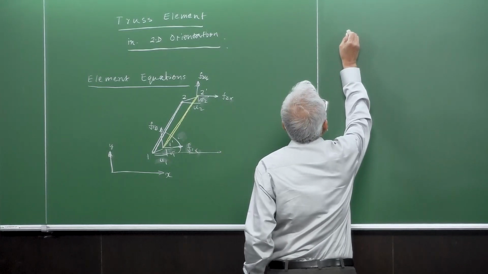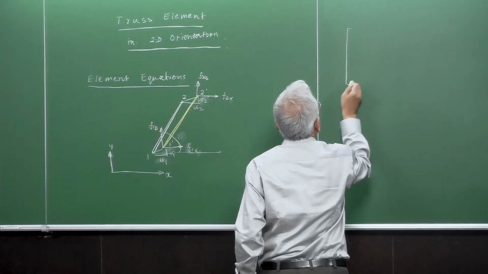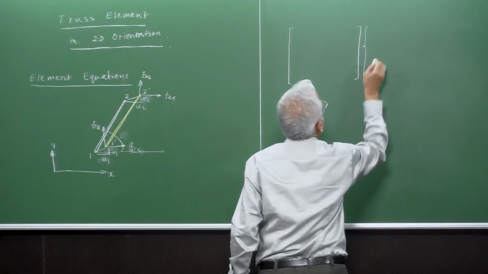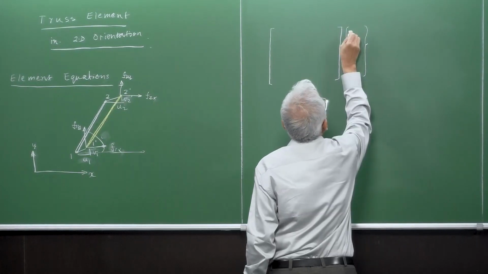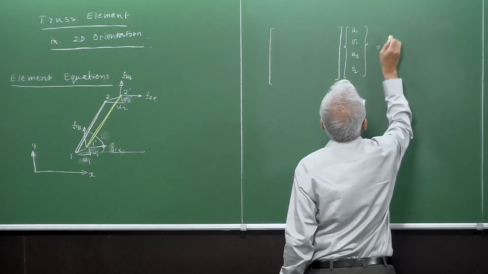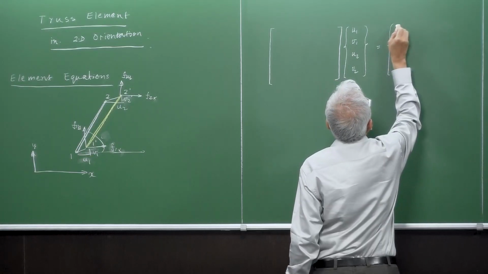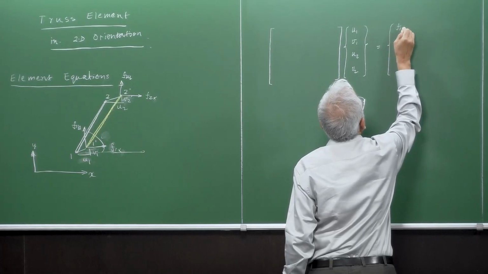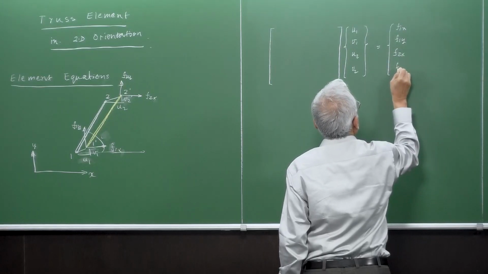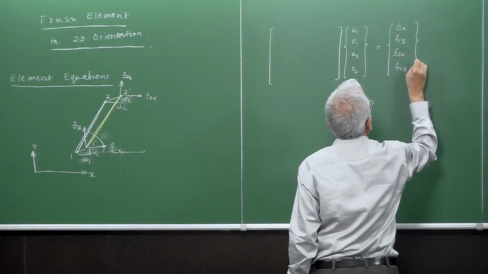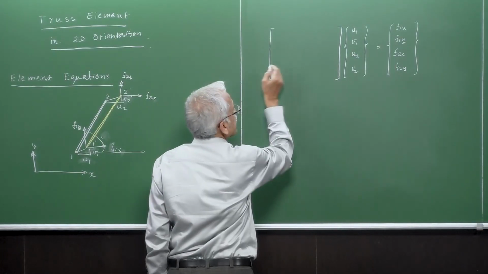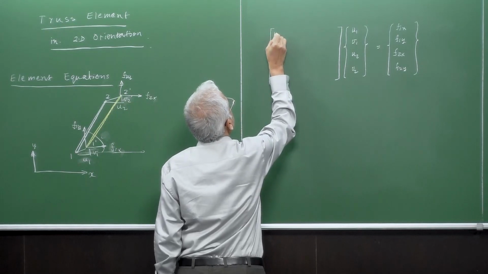So we can write the relationship in a matrix form, like here, a matrix multiplying the components u1, v1, u2, v2 as F1x, F1y, F2x, F2y. And this relationship is a matrix of 4 by 4.